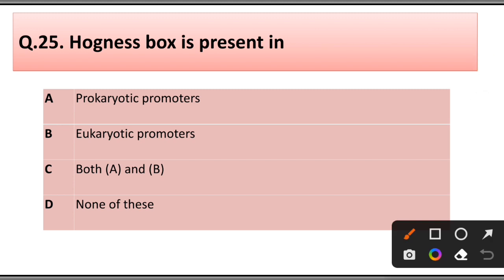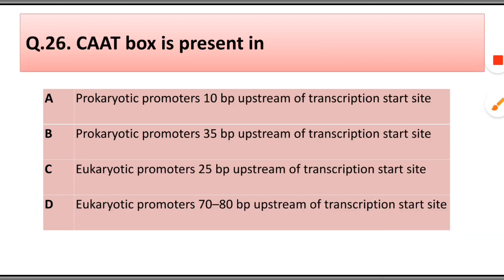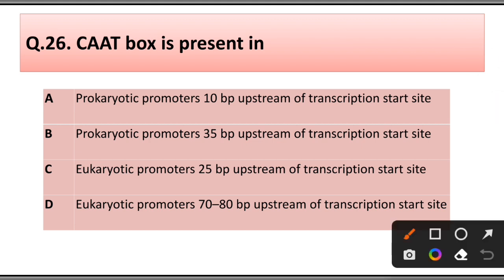25. Hogness box is present in prokaryotic promoter, eukaryotic promoter, both A and B, none of these. Correct answer is option B, eukaryotic promoter. 26.